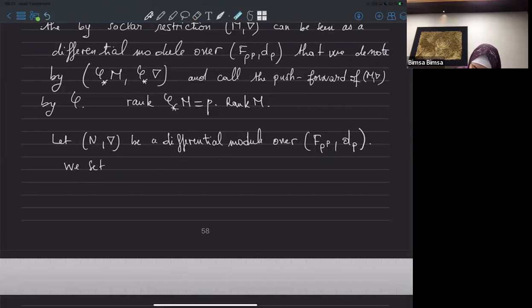We set this, and the pullback of N nabla is just the scalar extension with respect to this sphere.